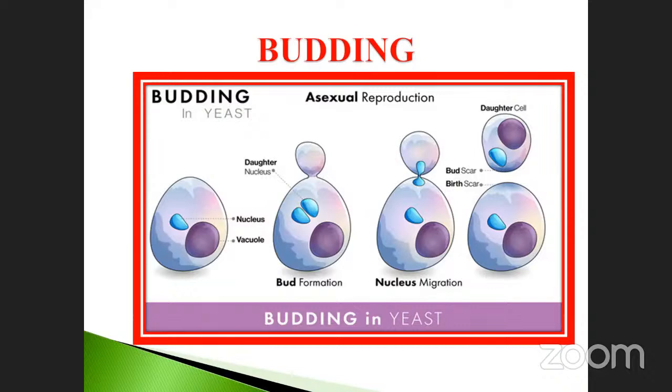What are the main functions of vacuoles in a plant cell or animal cell? For storage of any material like food materials, or any waste materials that have to be sent out later. Yes, good.